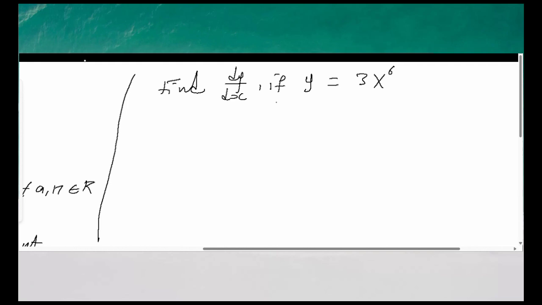To find the first derivative, we can use the second rule.